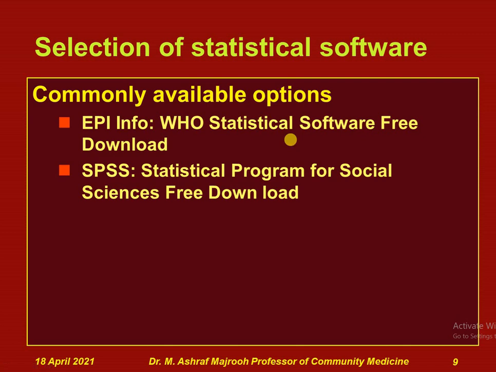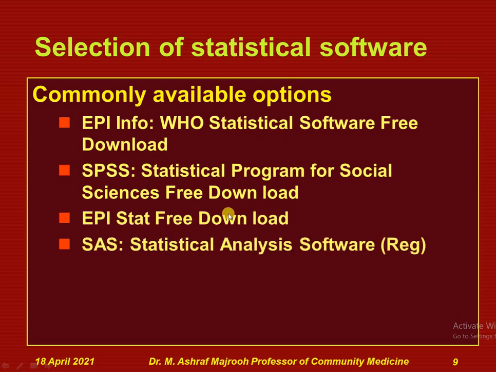The characteristic of this software is that the questionnaire can be generated and coded initially in the software. Then is the SPSS. It is also a commonly used statistical program for social sciences, and it is also freely downloaded. Then EpiStat, free download is available.